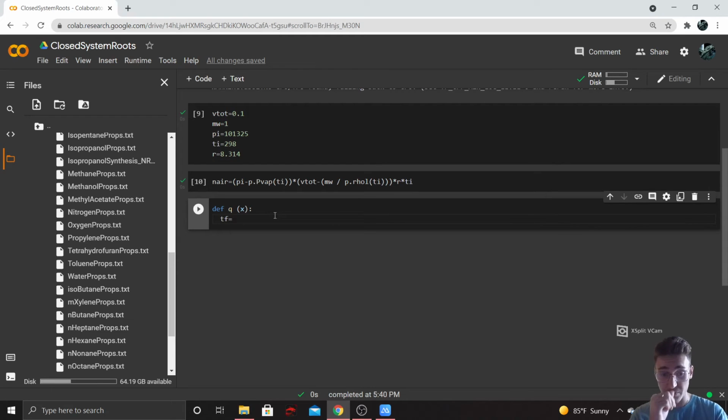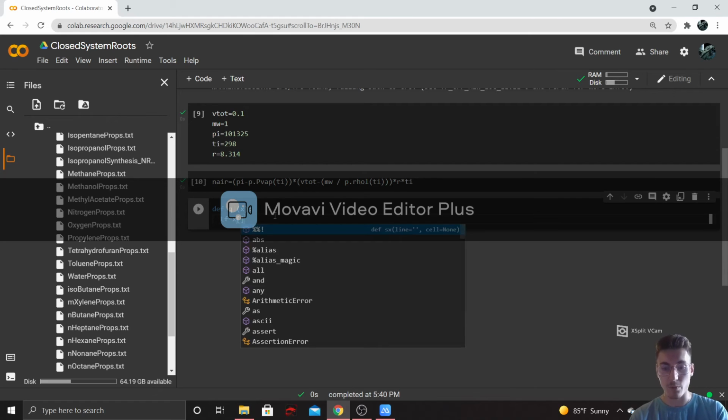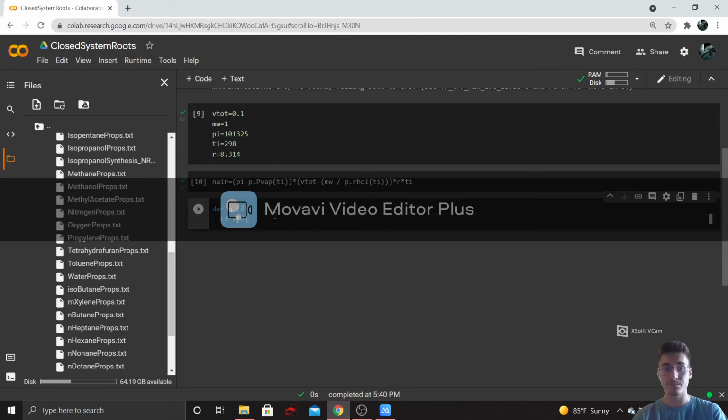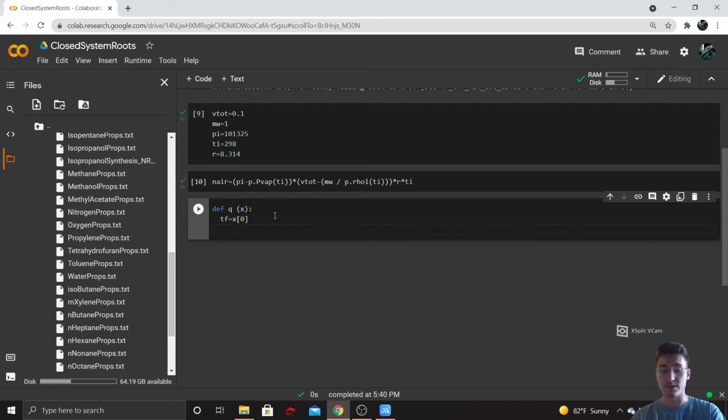So we're passing in X, and we want the first index of the array.